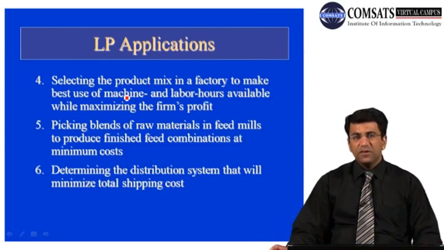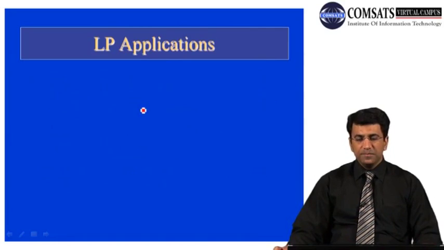This is the particular strength and application of linear programming. Then we can determine the distribution system that will minimize the total shipping cost, as we have discussed in the transportation and shipping scenarios, where we can minimize the total shipping cost with linear programming methods.